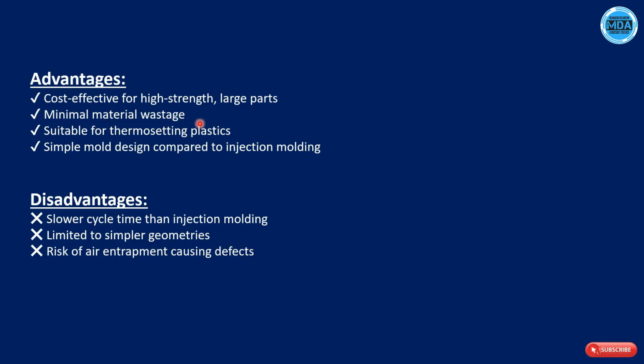Compression molding is also limited to simple geometry; complicated geometry we can't manufacture with it, whereas in injection molding complicated geometry can also be manufactured.